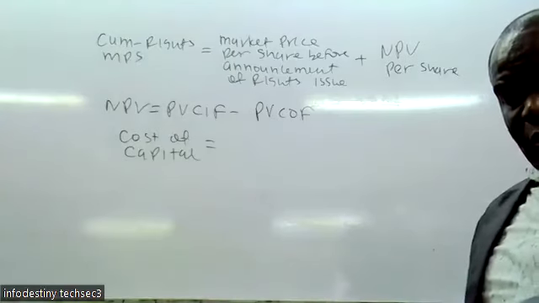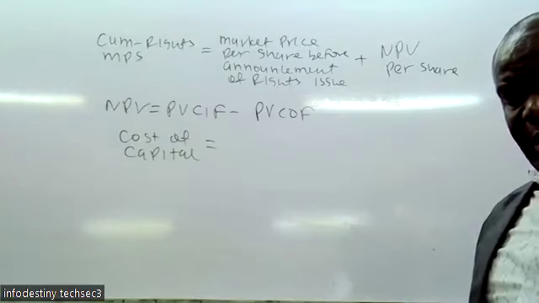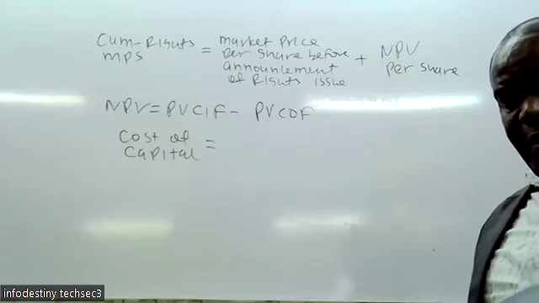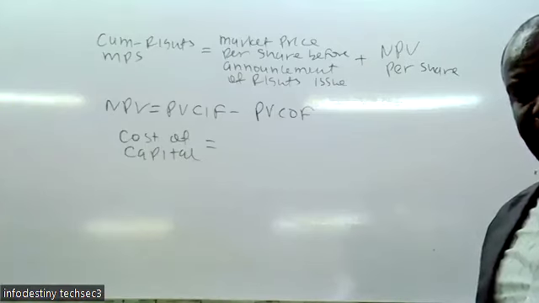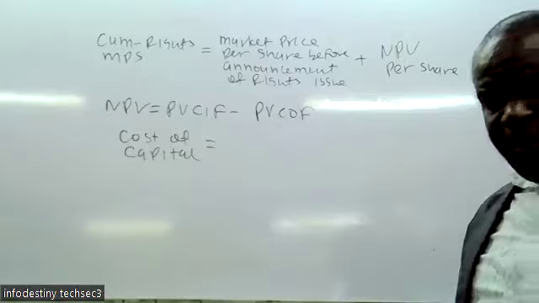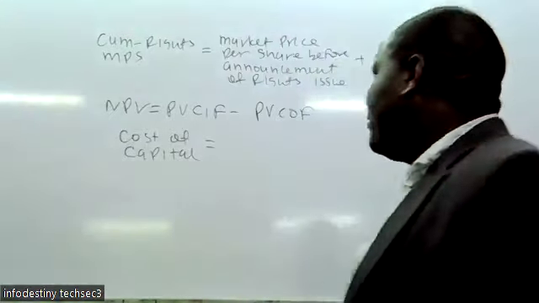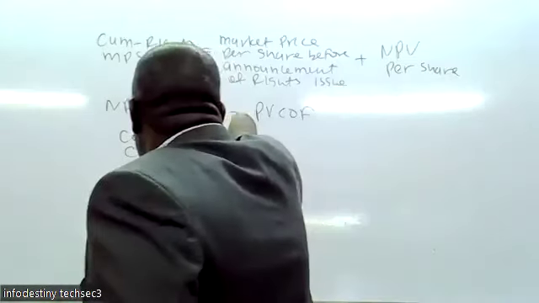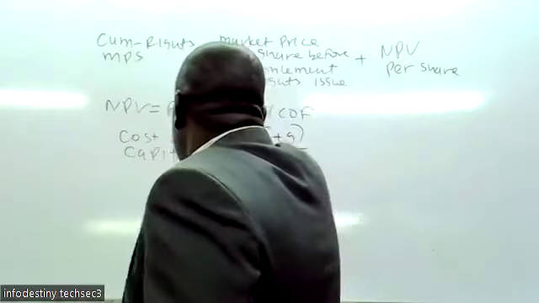So in that question, before required, they say that in the previous financial year, the company paid a dividend of 5 shillings per share. The dividend and the company's earnings are expected to grow by 5% annually. So to compute the cost of capital, we get the dividend that was last paid, times 1 plus the constant growth rate.